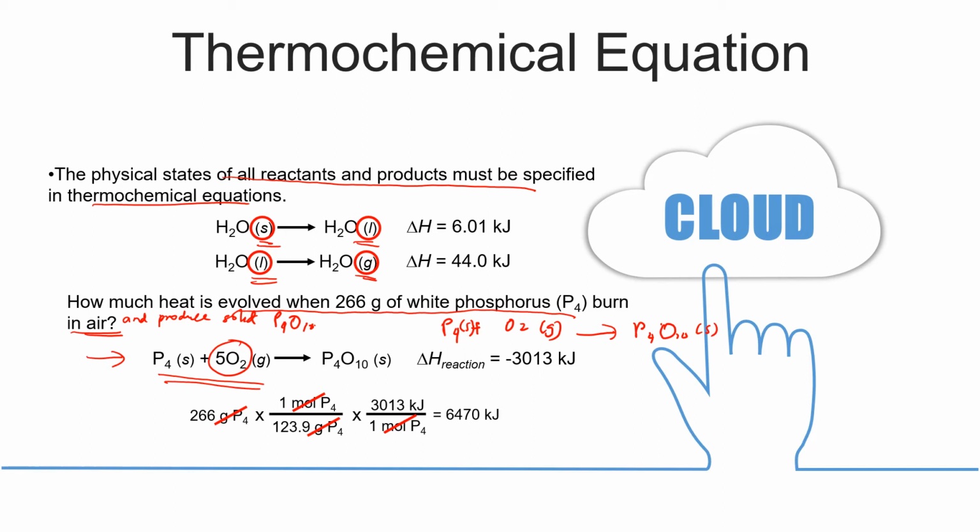So tengok P4 sama, P4 sama. O kat sini 10, kat sini 2 kan, jadi kena tambah 5. So this is the balance equation. Okay. So dia dah bagi nilai delta H of reaction. So delta H of reaction ni adalah H total yang berlaku dalam this overall equation. Okay, overall equation ni H reaction dia adalah negatif 3013.